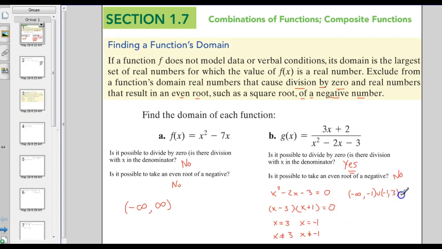And then union, go from the bigger one, 3, to infinity. There's more than one restriction, so this is our domain here. But to come up with that, we need to ask these questions to ourselves to know how we're going to come up with the domain.